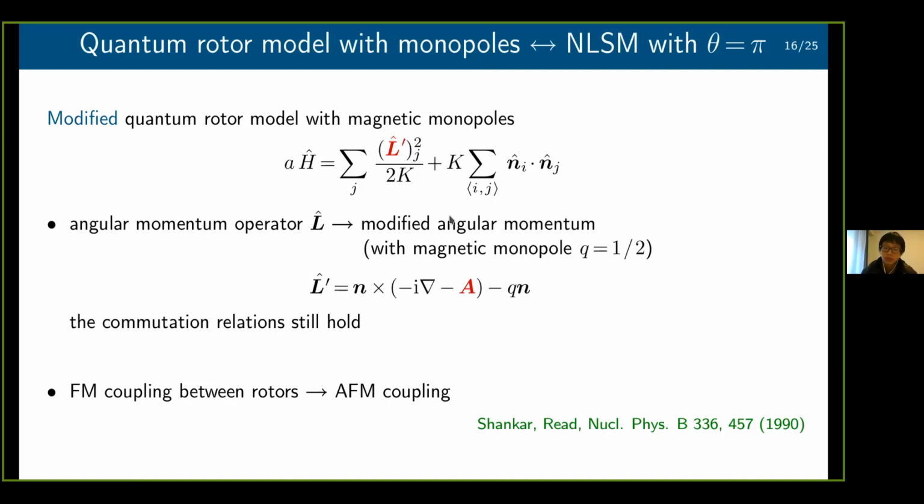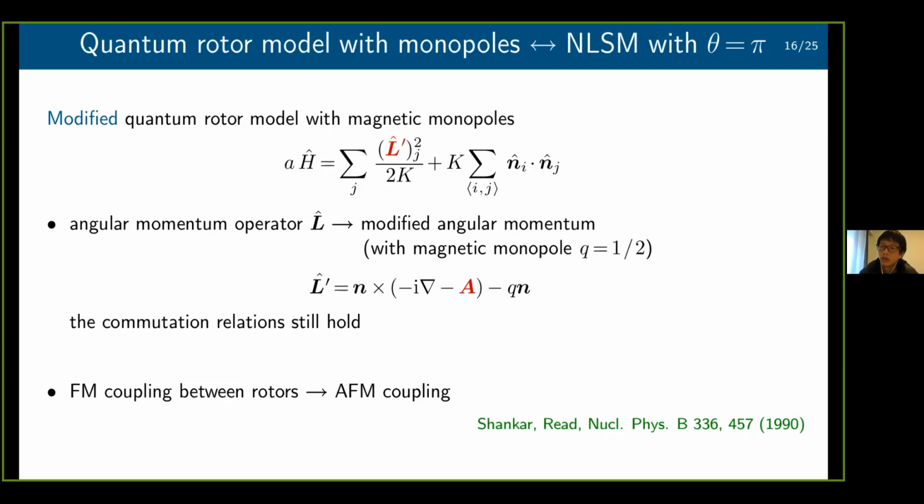And after that, you also have to specify the coupling between the rotors to be an anti-ferromagnetic one. After that, you will see that this model corresponds to the nonlinear sigma model with the topological pi term.